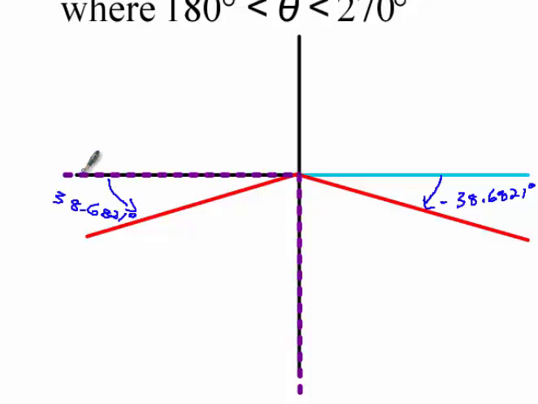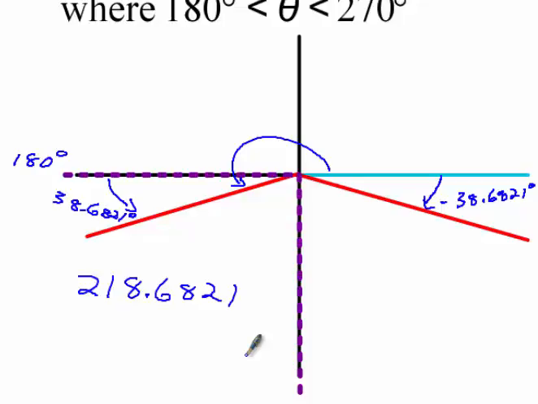All right, so how many degrees is the x-axis right here? That's 180, right? So how many total degrees to get from here all the way around to here? What's 180 plus 38? 218, right? So 218.6821 degrees, and this is your answer.